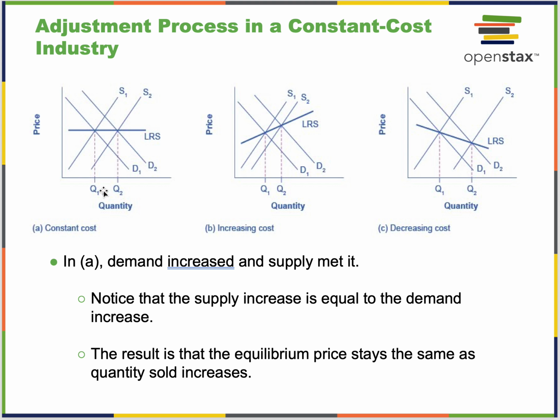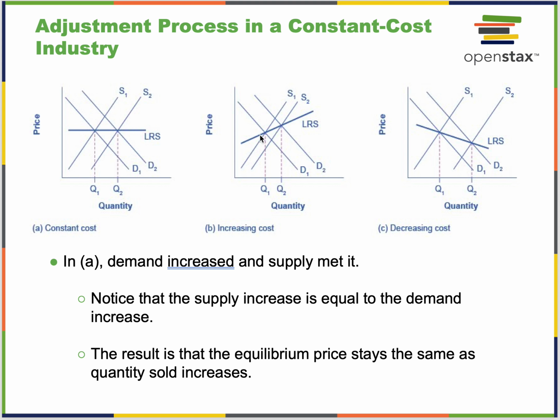If you have constant cost, remember when we drew two supply curves, two demand curves, and we showed demand increasing and supply increasing, and we said it really depends on the slope. Whenever we do this, if both of them increase, we know that the quantities are going to increase, and we had a question mark on the price. Well, in this case, we said sometimes it's going to be the same. That would be a constant cost curve.